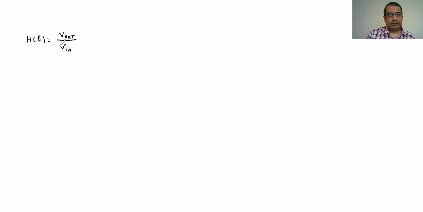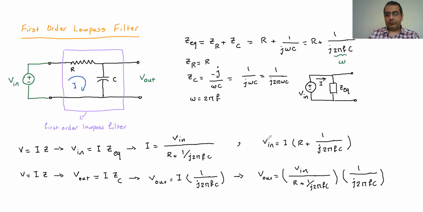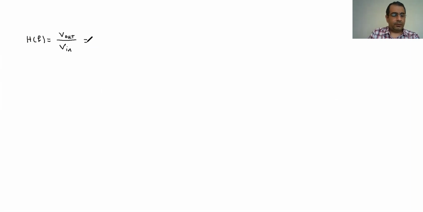If we put this V in and V out into that equation, substitute these two, and simplify, what I'm going to get eventually is 1 plus j 2 pi F R C. So that's what I'm going to get eventually.